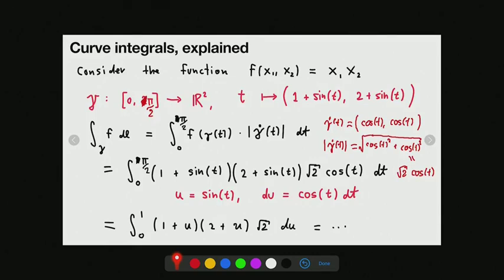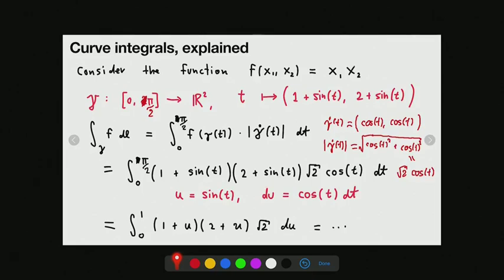If I take the differential of that, du must then be the cosine of t times dt, just applying the law of substitution. And then I see I can vastly simplify this integral because cosine of t dt is already here, so I can replace that by du. Similarly, I can replace the sine of t by u.